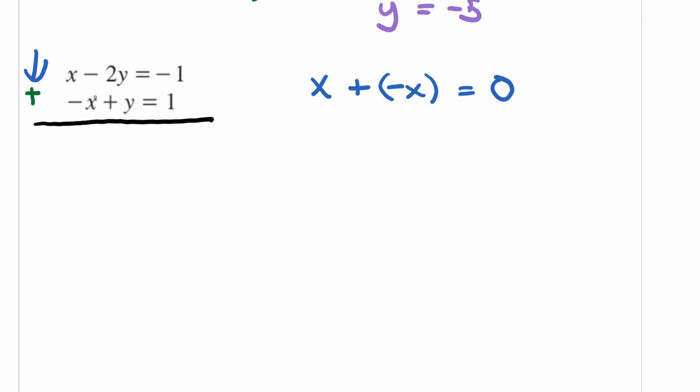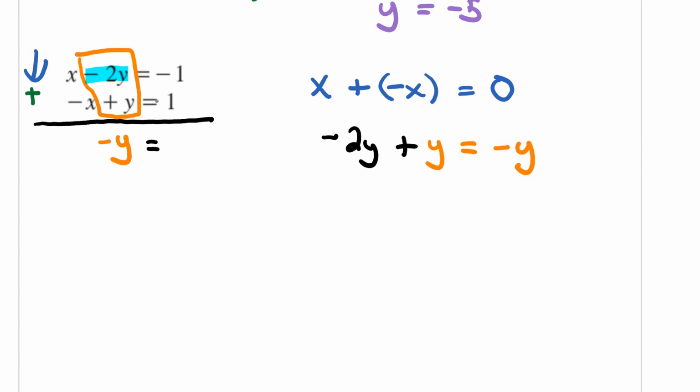After that, I have my y variables. I have a negative 2y, and I'm going to add that to a positive y. Negative 2y plus a positive y is going to be negative y. So if I add the y variables vertically, I get a negative y here.